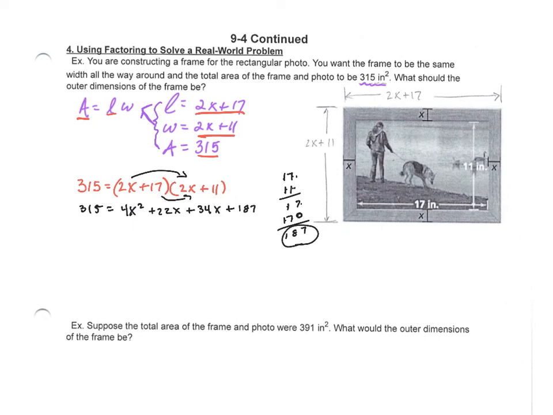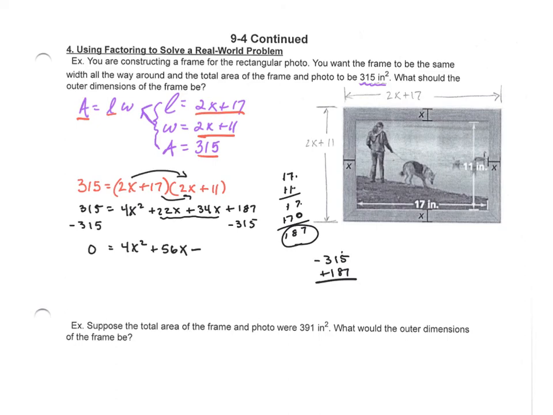So now I can go ahead and combine like terms, and I'm going to move my 315 over to the other side all at the same time. So I have 0 is going to be equal to 4x squared plus 56x minus 315 plus 187.